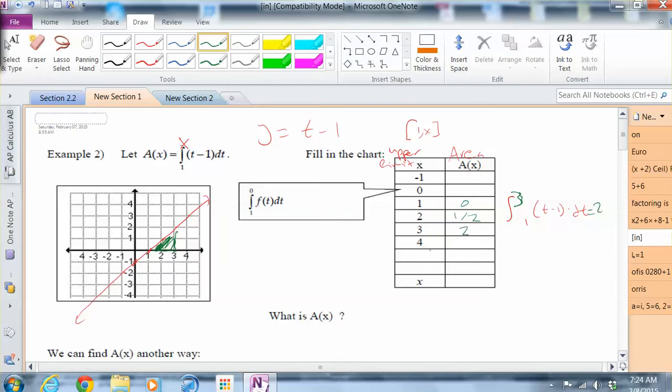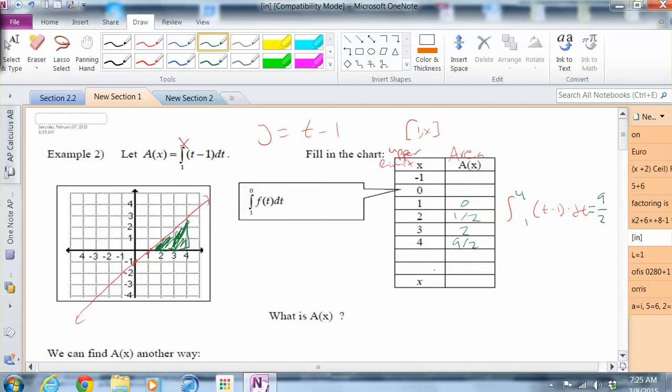And then lastly, what if I'm integrating from 1 to 4? So you can see how the area is accumulating, right? It's getting bigger and bigger as x gets further away from 1 on the right side. So the base is 3, height is 3, 1/2 times base times height. We get 9/2, or 4.5.